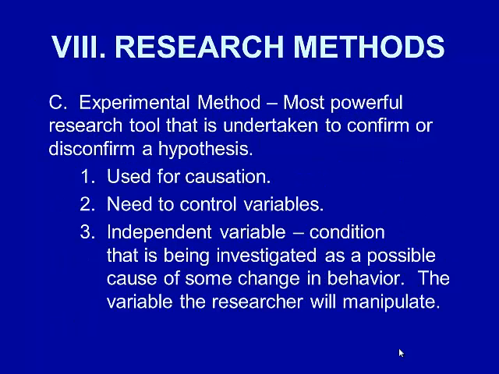All right, another method psychologists utilize is called the experimental method. This is the most powerful research tool that's undertaken to confirm or disconfirm a hypothesis. This is the only research method psychologists can use that can answer the question why. This is what gives us causation.